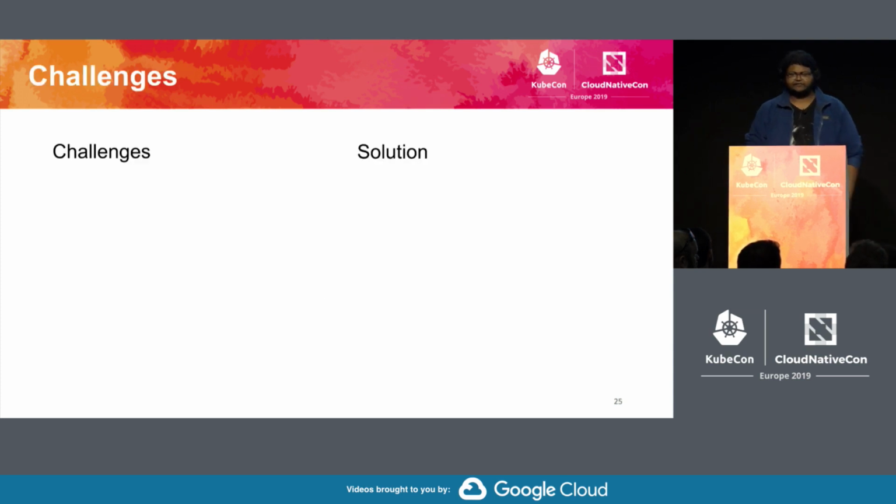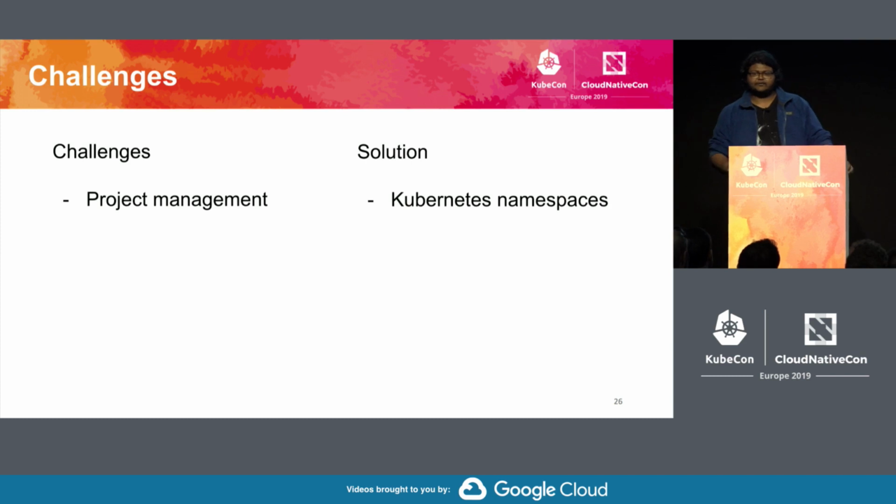So the challenge that we faced initially was project management, because multi-tenant cluster means multiple service owners deploy their multiple projects in these clusters. And we need resource isolation, which gets solved basically by using Kubernetes namespaces, because that creates the resource isolation.